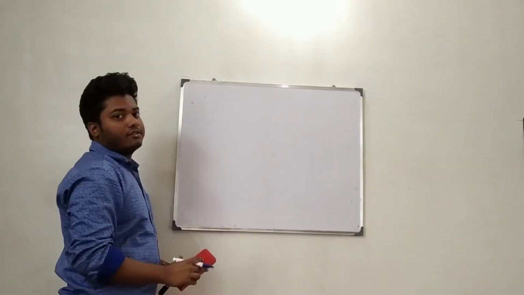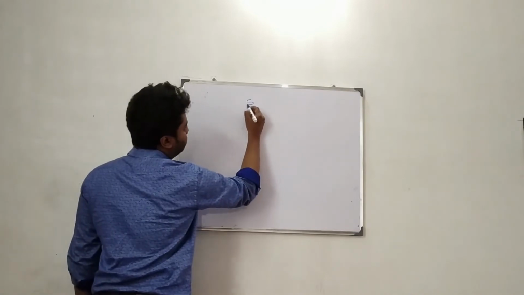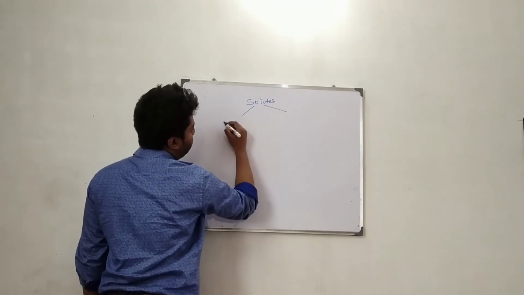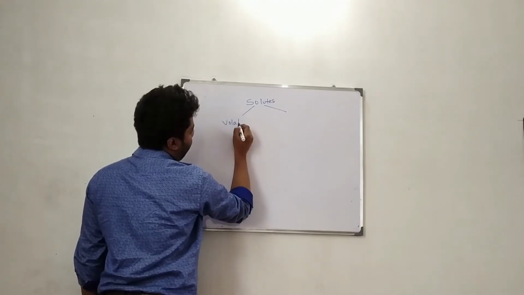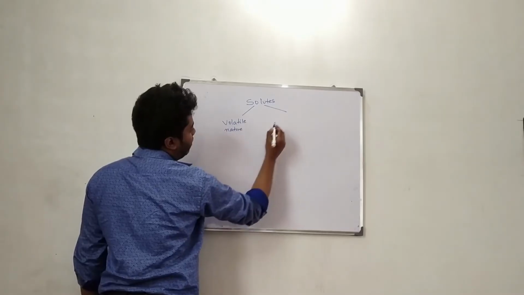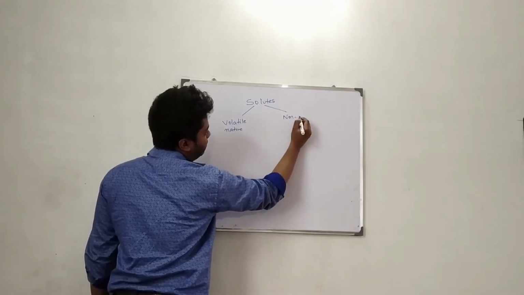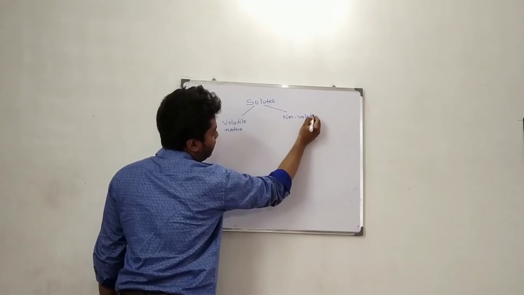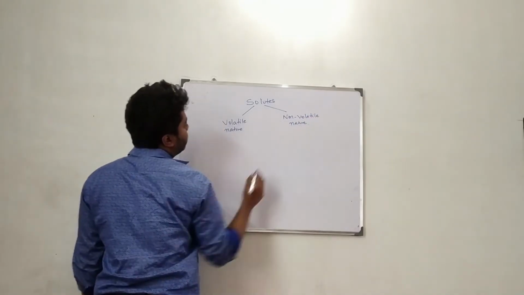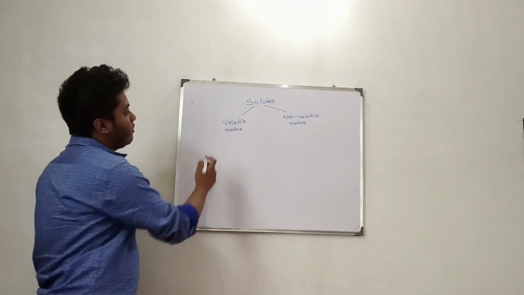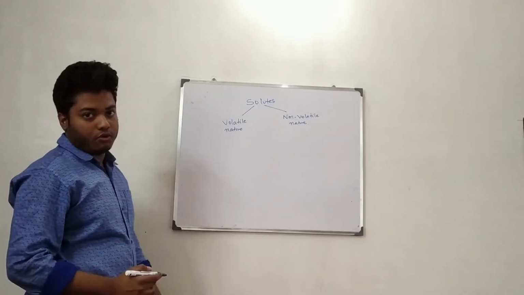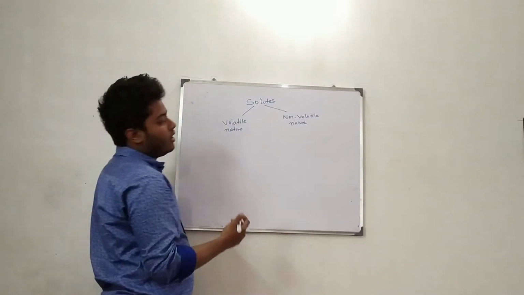Now we know that solutes are of two types: one is volatile in nature, and another is non-volatile in nature. The tendency to escape in the case of volatile molecules is more than non-volatile molecules, where there is no tendency of escaping.